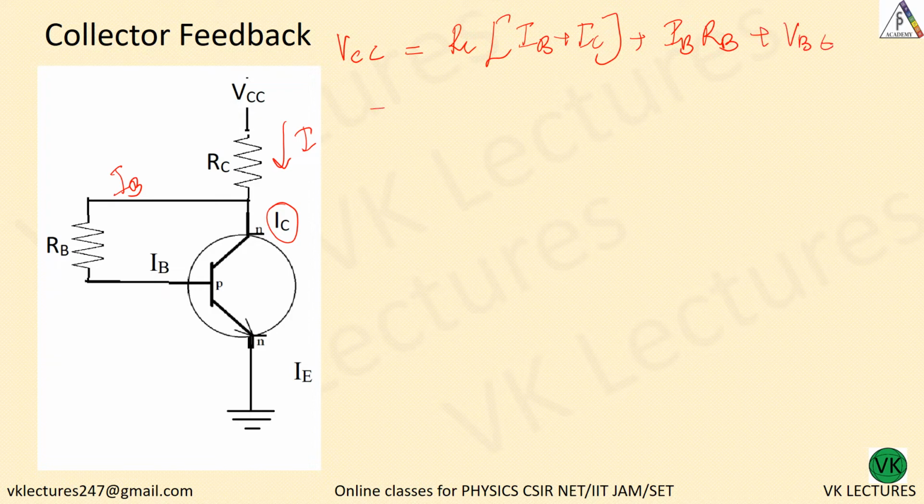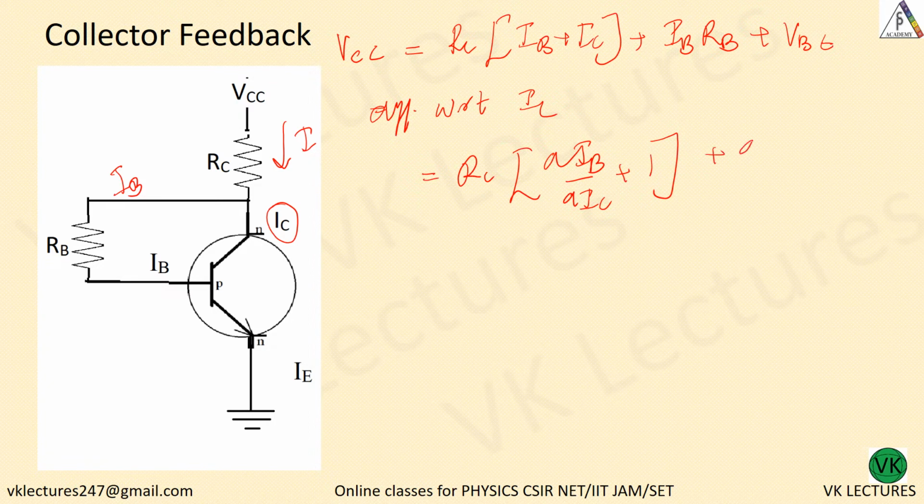Now differentiating with respect to IC, what you are getting is RC into dIB plus dIC plus 1 plus dIB by dIC into RB.